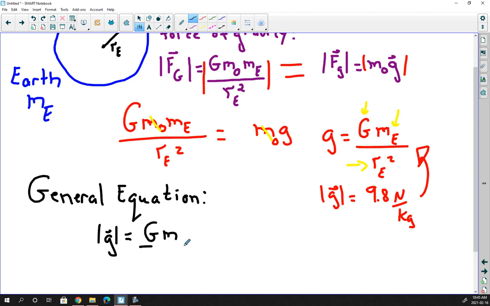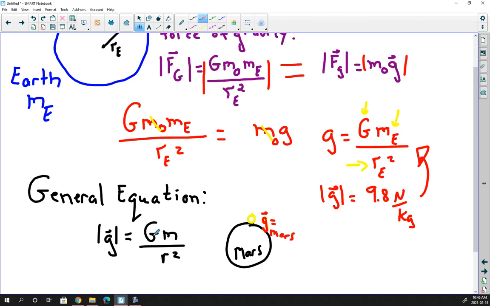You can use this equation right here. So let's say instead of the Earth, you've got Mars, and you want to find out what the gravitational field strength is on Mars.